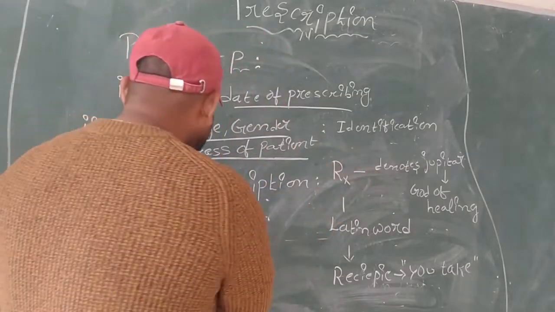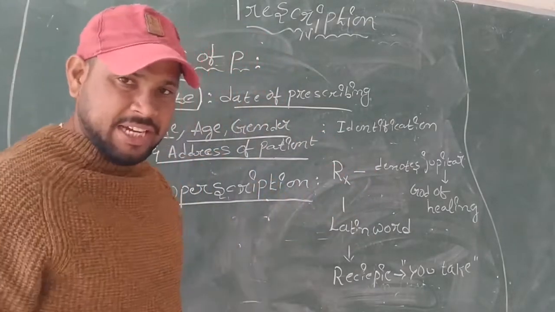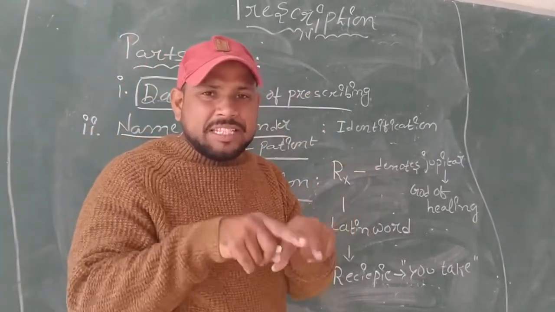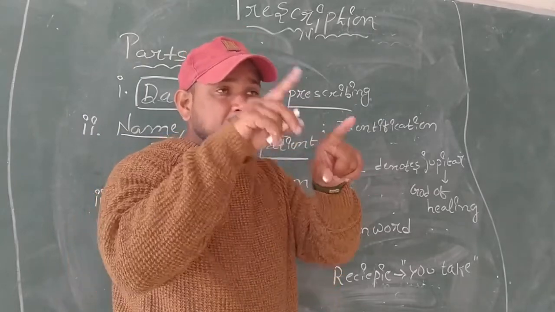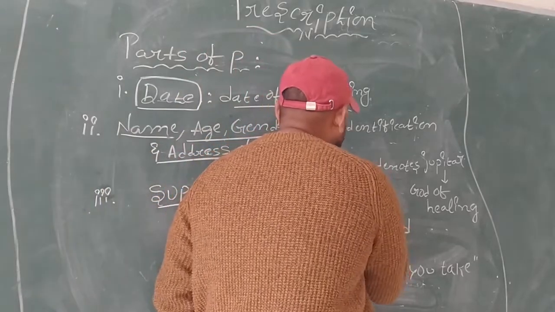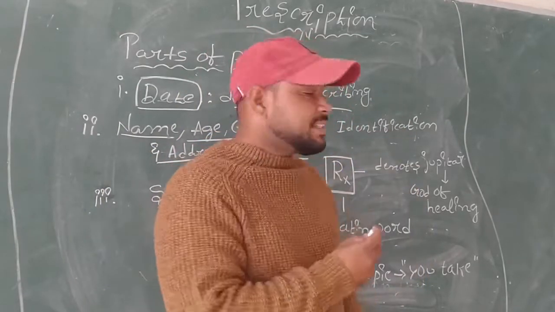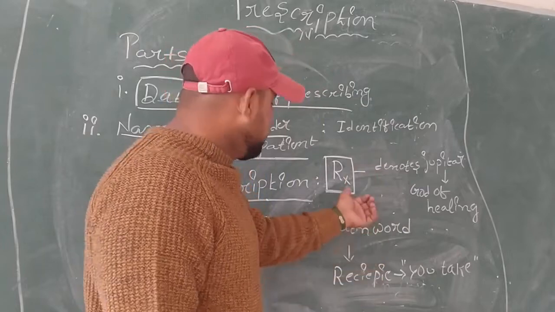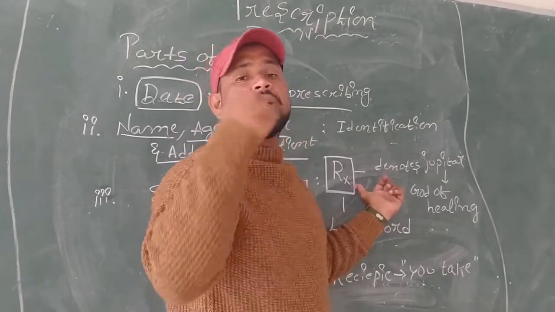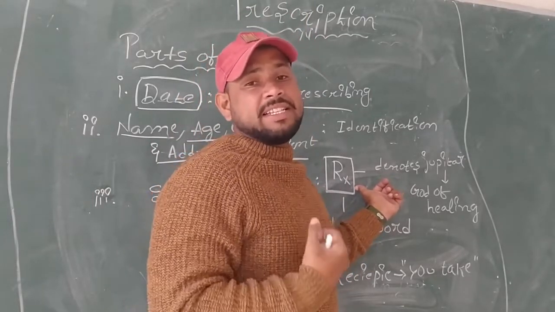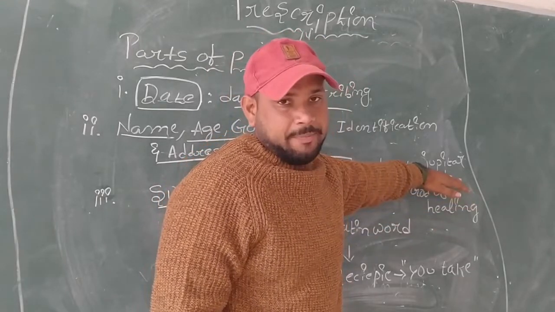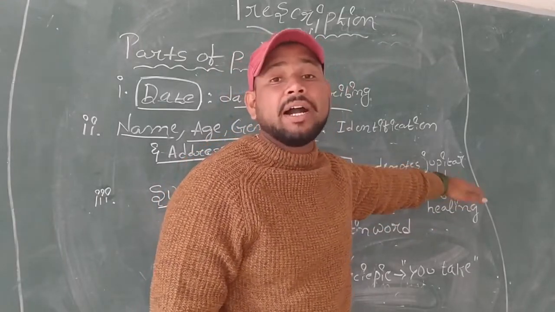And the next very important one in the prescription is the superscription. If you see any prescription format by a doctor, on the top side there will be the RX symbol. What is this RX symbol? During olden days, in Latin time, the god of medicine was called Jupiter, the god of healing.